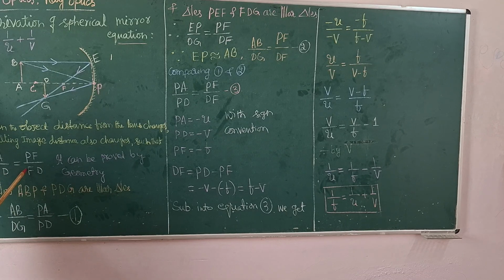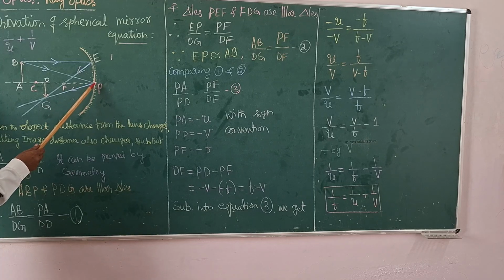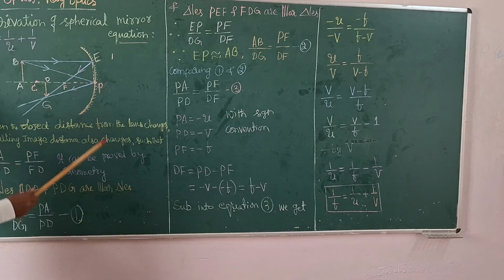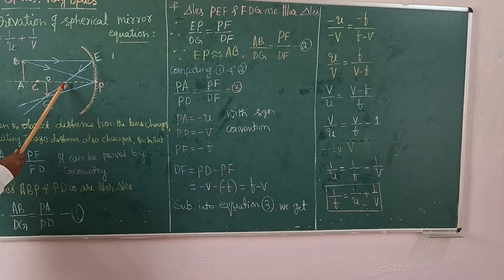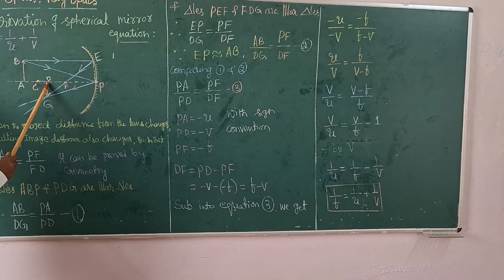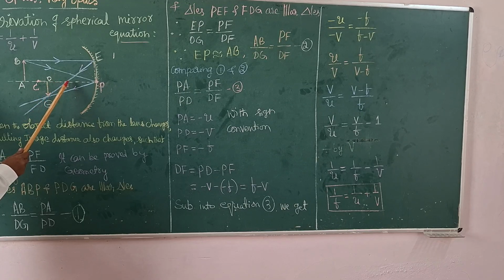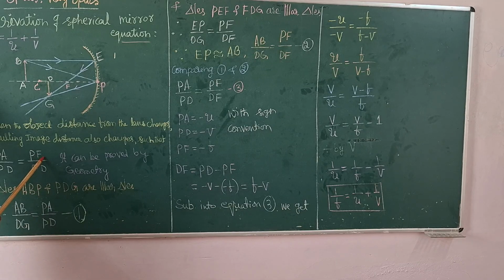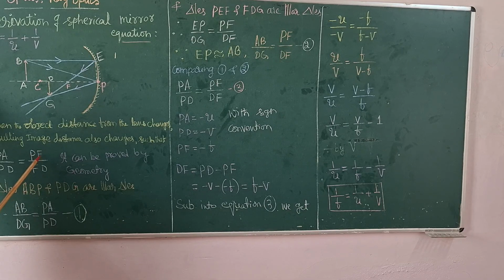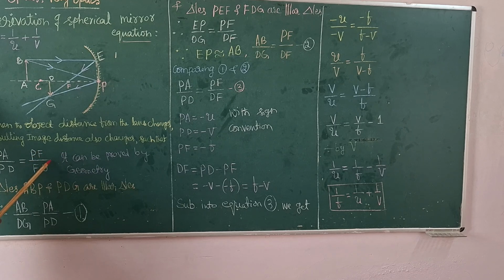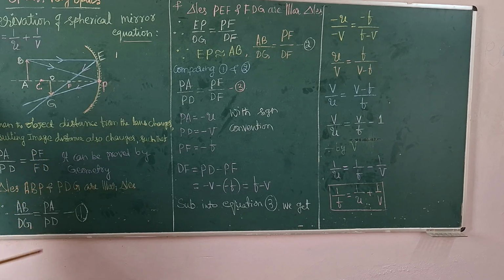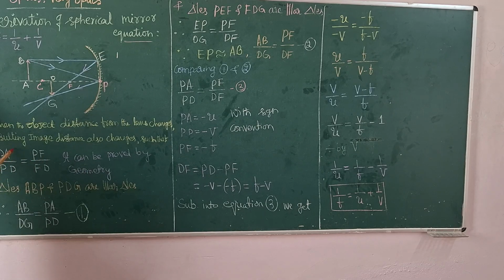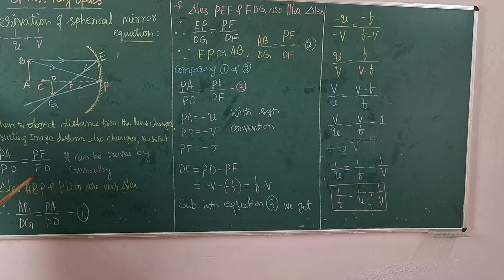And one more like that. The distance PF is called the focal length of the mirror, and this distance is FD. This distance is variable, but this distance is constant for a mirror. This ratio is also a constant. That constant is equal to this constant, as these ratios are equal.